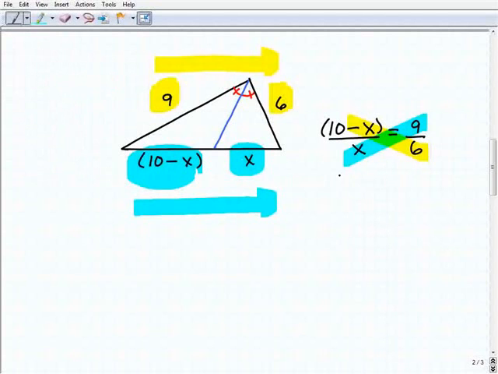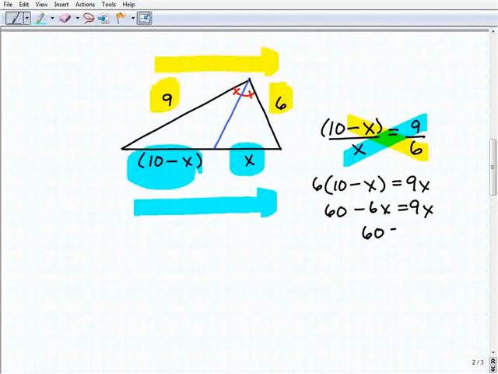So I'm going to get 6 times 10 minus x is equal to 9x. So I'll get 60 minus 6x equals 9x. Now I'm going to add 6x to both sides of the equation. I get 60 equals 15x, and then of course x will be equal to 4.